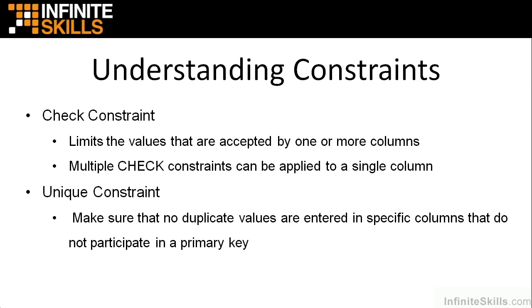But what about, say, on the right side of the table? We have some other column, and that needs to be unique values, but it's not part of the primary key. We can simply apply a unique constraint to that particular column. And say we've got 300,000 rows in that table, when someone tries to put a duplicate value in any row in that particular column where we have applied a unique constraint, it'll throw an error and will not allow the insert or the update to happen.